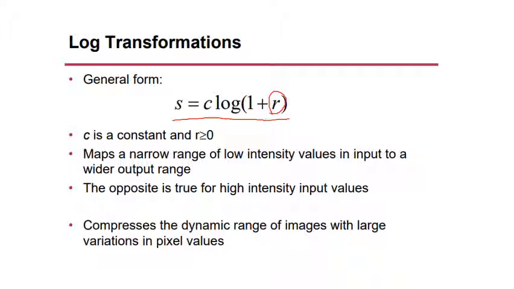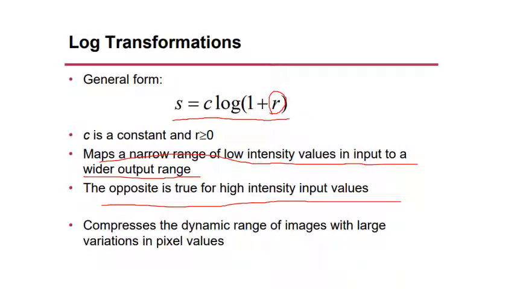So basically it maps a narrow range of low intensity values in the input to a wider output range. That is a logarithmic function, right? The opposite is true for high intensity input values. So what are we trying to tell here? It compresses the dynamic range of images with large variations in the pixel values.